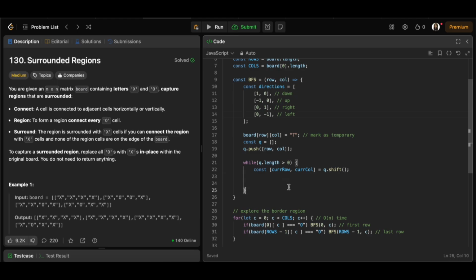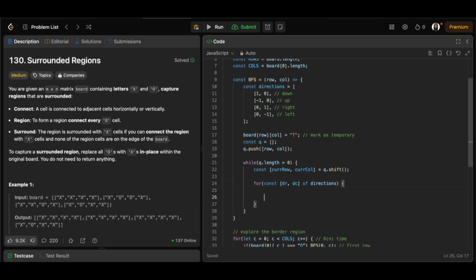Okay, then what we need to do is we loop over the directions, then const new row, that is the current row plus the direction row, right? Const new col is current col plus dc.